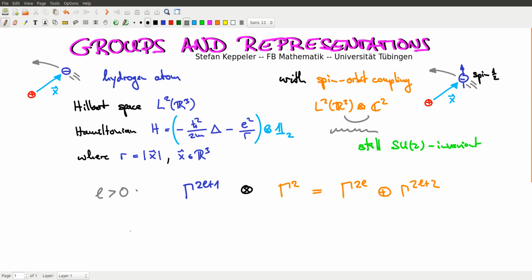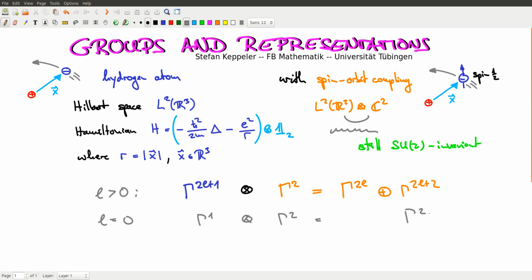For L equals 0 it's different, because here we have a one-dimensional, actually the trivial representation of SU2, and then trivial representation times two-dimensional representation is just a two-dimensional representation. So that's a special case of the line above.